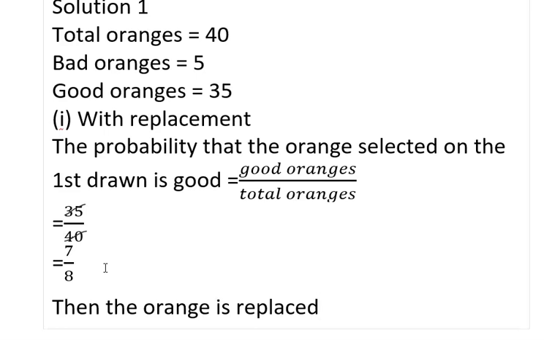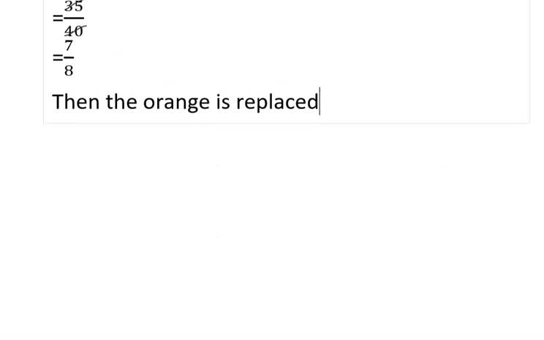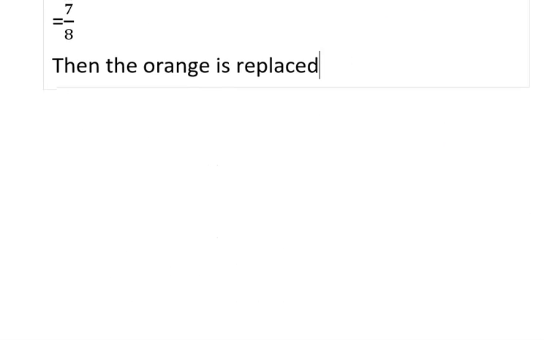Now, when the first draw was made, this is the probability that the orange selected on the first draw is good. After drawing it from the pool of the oranges, then the orange is replaced.